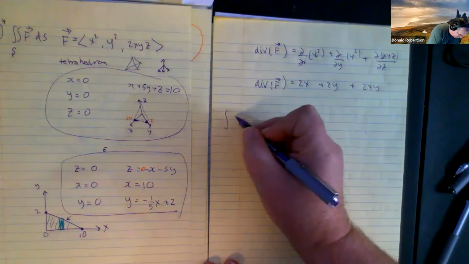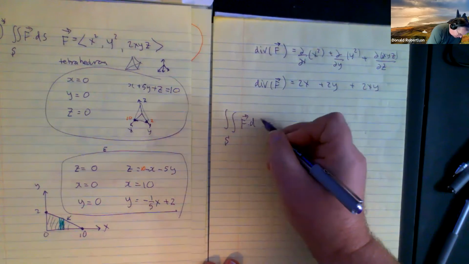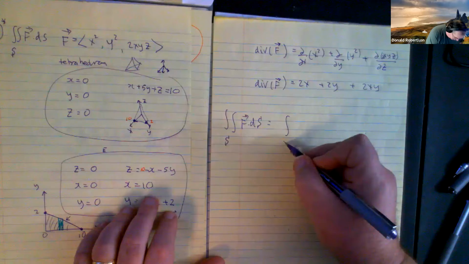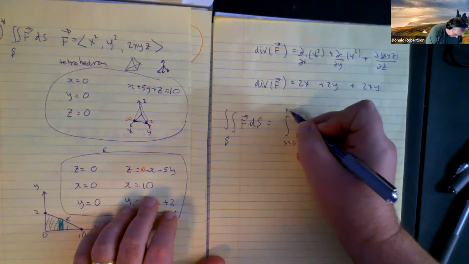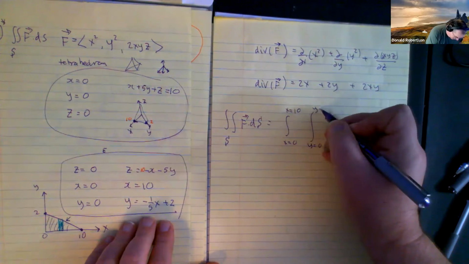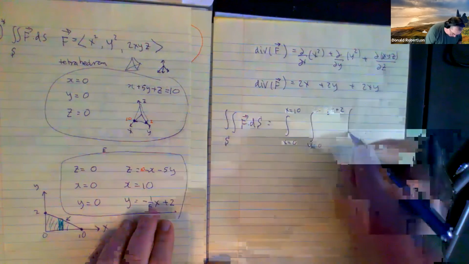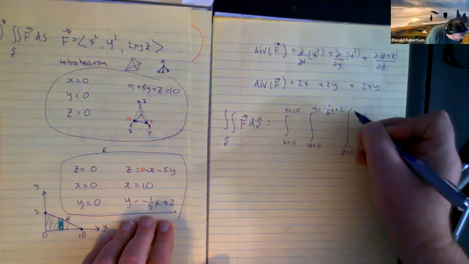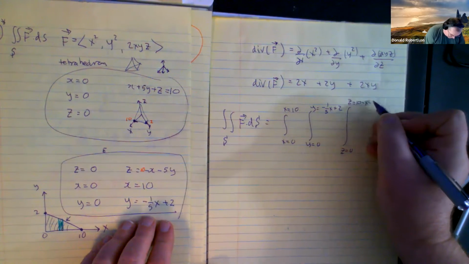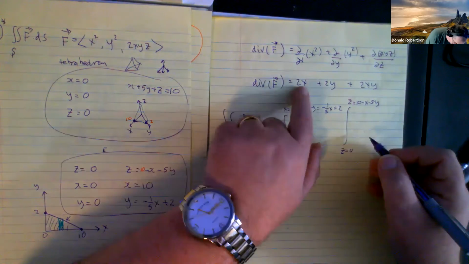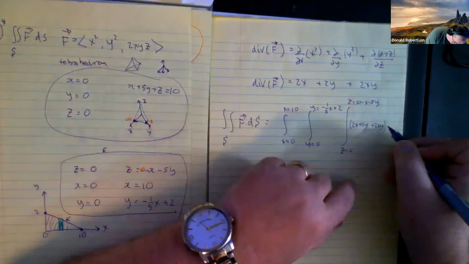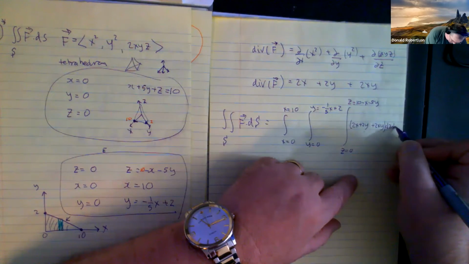So this surface integral, the flux, is going to be the integral from x equals 0 to x equals 10, then from y equals 0 to y equals -1/5 x plus 2, and then from z equals 0 to z equals 10 minus x minus 5y of the divergence, which is this, and do z, then y, and then x.